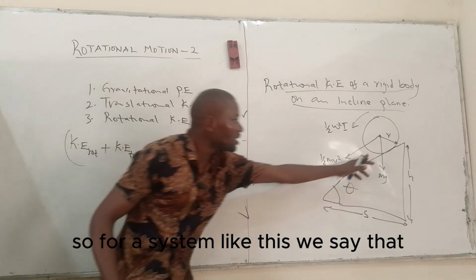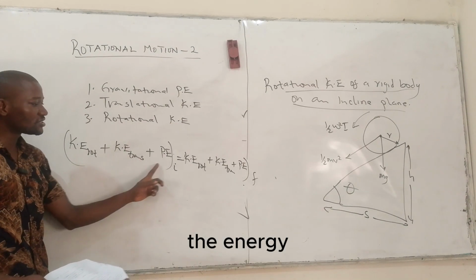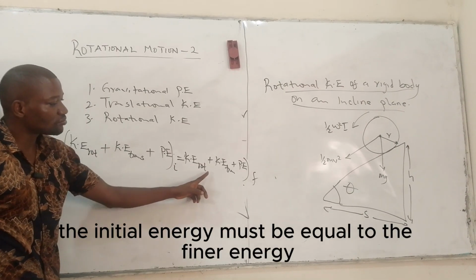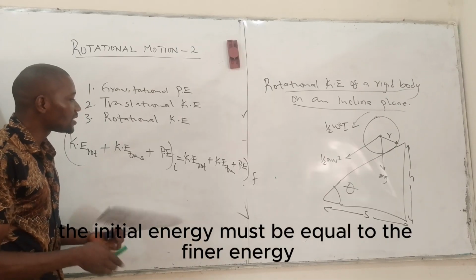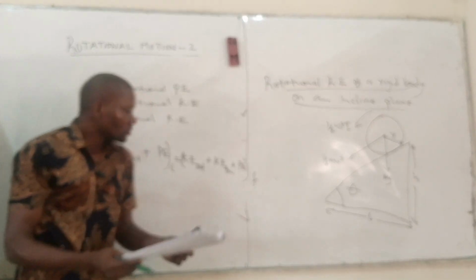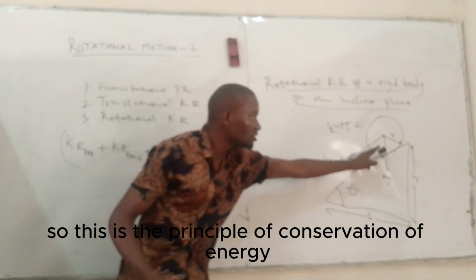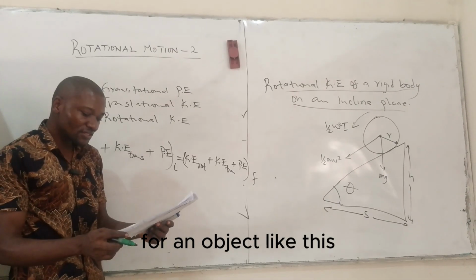So the initial energy must be equal to the final energy. This is the principle of conservation of energy for an object like this.